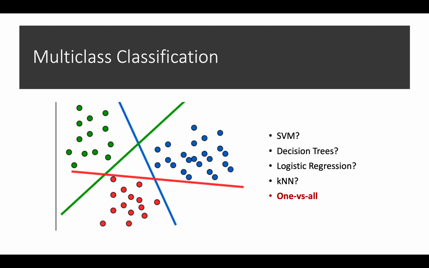For example, if we have three classes, 1, 2, 3, we create copies of the original data set and then modify them. In the first copy, we replace all labels not equal to 1 by 0. In the second copy, we replace all labels not equal to 2 by 0. In the third copy, all labels not equal to 3 by 0. And then we have three binary classification problems.